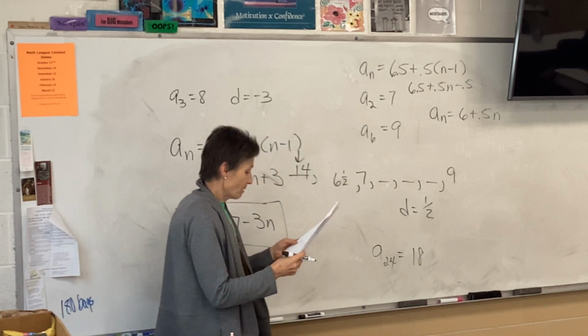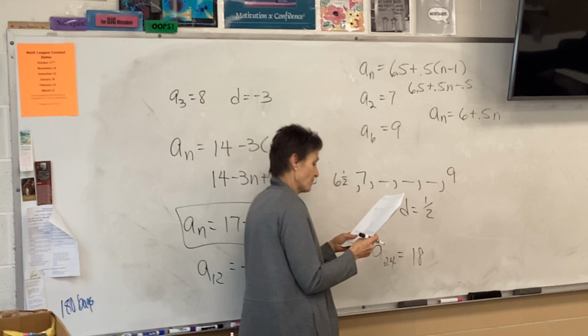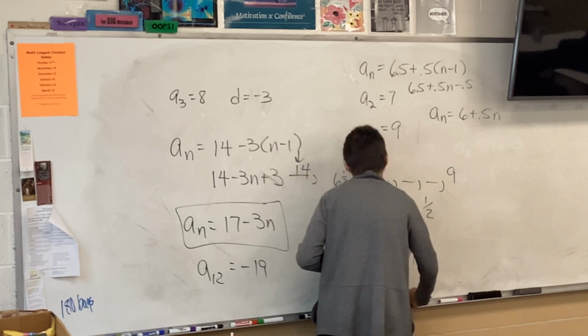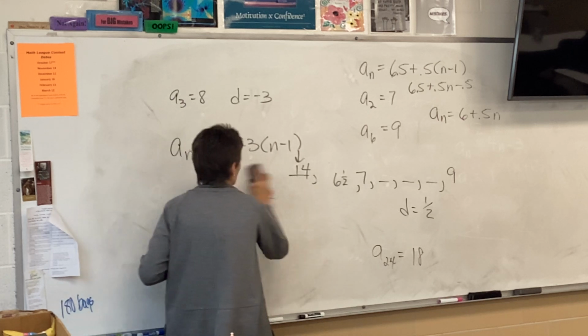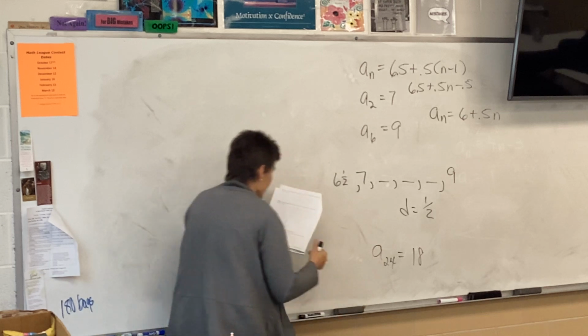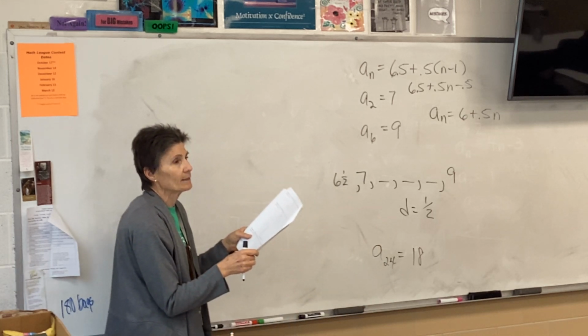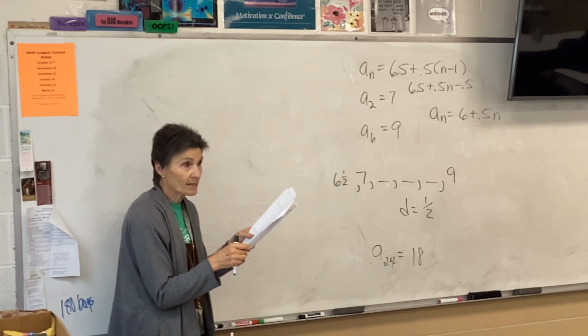All right, number 5. Several terms of an arithmetic sequence are shown above. Okay, so this time instead of giving you information, they drew a picture of it. Could you tell without being told that it's arithmetic? Yes, because it is linear.